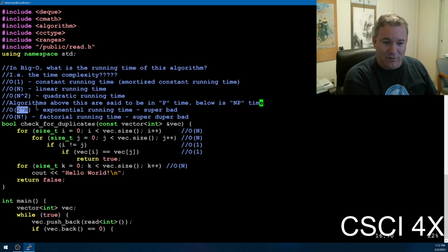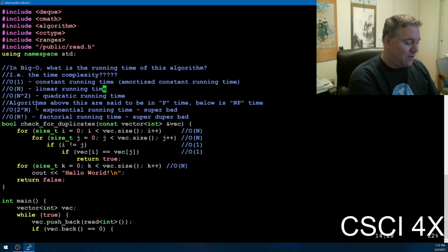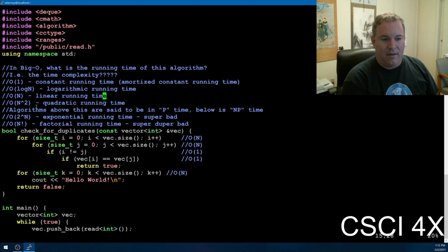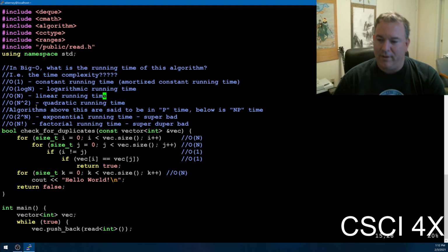Then the opposite. As bad as exponential is, that's how good log is. So log, which is order log n, is called logarithmic running time. People don't really have a good grasp on how long log n takes, but log is the inverse of exponentiation.